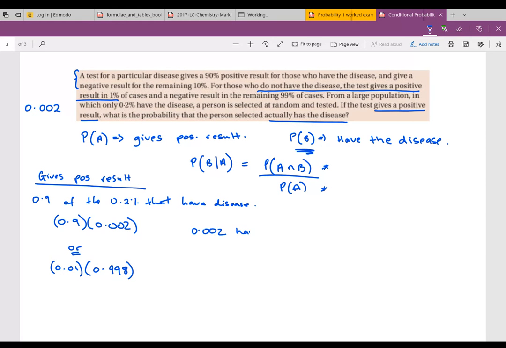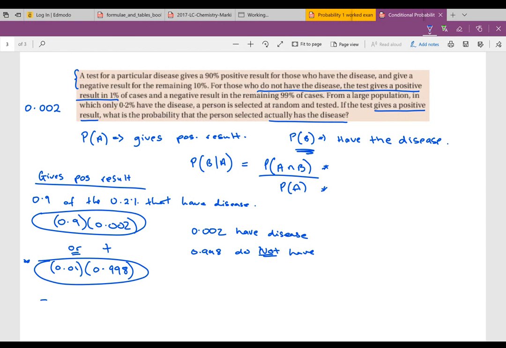0.002 have the disease, which must mean that 0.998 do not have the disease. So in 1% of the cases of people that don't have the disease, which is this here, they're still testing positive. Now or means plus, so calculate this, add it to this, and I get a probability of 0.01178.